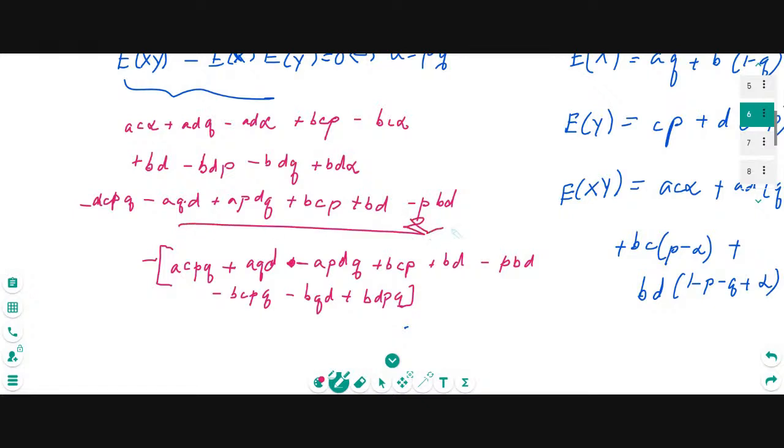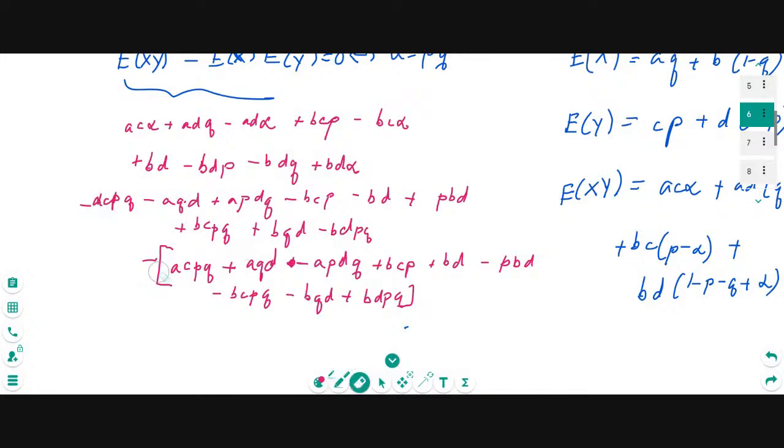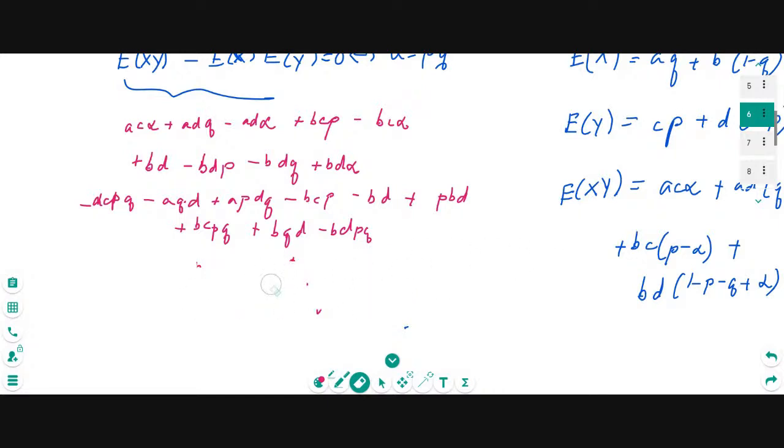Sorry, I'm doing something wrong again. Minus BCP minus BD plus PDB plus BCPQ plus PQD minus BDPQ. Let's erase this. If you have already found certain cancellations, do let me know. Make my life easier and yours too.